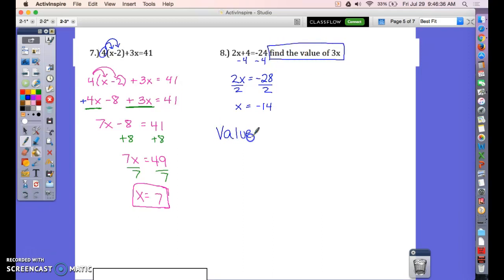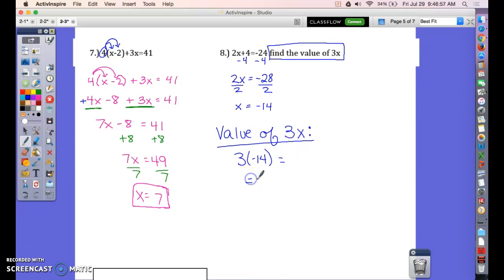So we now need to find the value of 3 times x. So all you do is take your answer and multiply it by 3. If I asked you to find the value of 4x, you would multiply it by 4. If I asked you to find the value of 1/2 x, you would multiply it by 1/2.